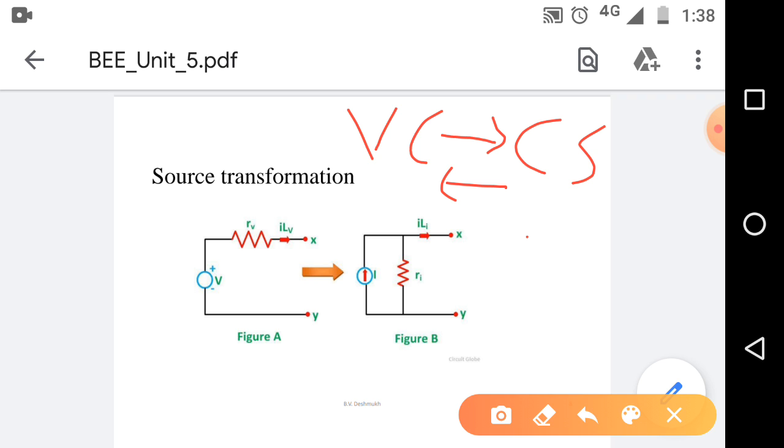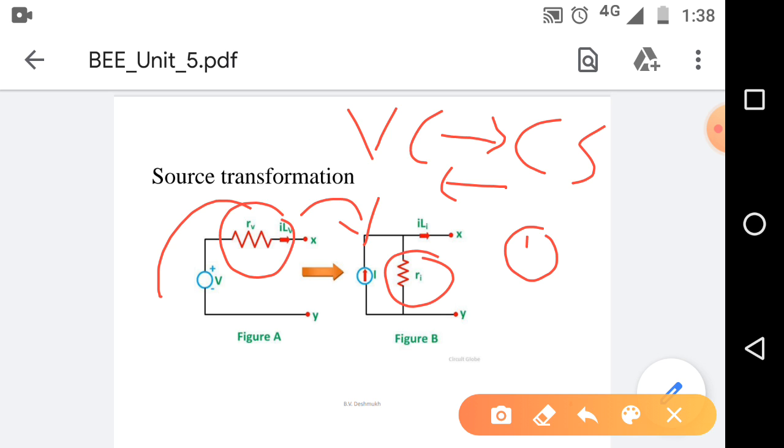When converting a voltage source to a current source, the voltage source and resistance must be connected in series. Then this voltage source can be converted into a current source, and this internal resistance is connected in parallel with the current source. This is called voltage source converted into current source.